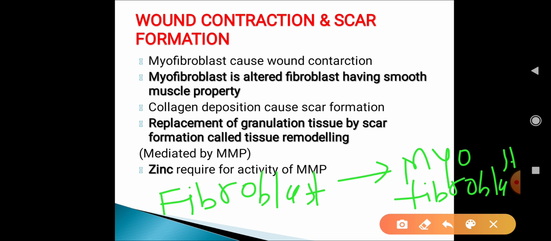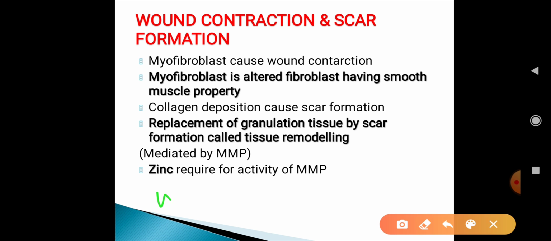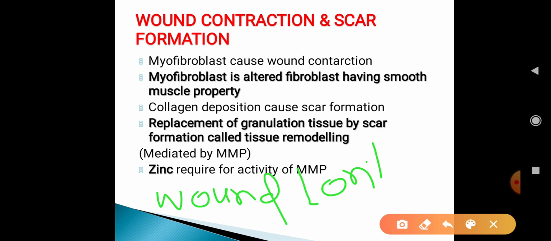See, basically a fibroblast doesn't have the function of contraction. In the body the function of contraction is done by the muscle cells, right? But here the fibroblast gets the superpower of contracting. This fibroblast will start contracting. That's why it is given the name myofibroblast. So there will be wound contracture in the secondary healing, and that is because of the myofibroblast.